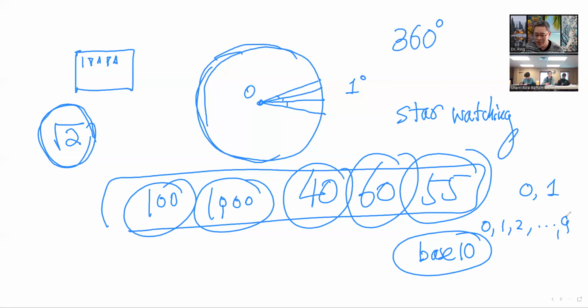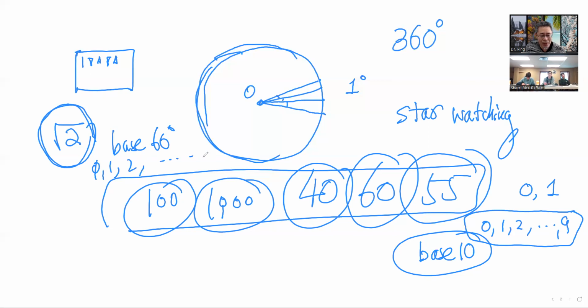This base 10 is very common in almost all cultures, but the ancient Babylonians were very peculiar. They used so-called base 60. That means their numerals went from 0, 1, 2, all the way up to 59, so 60 numerals.